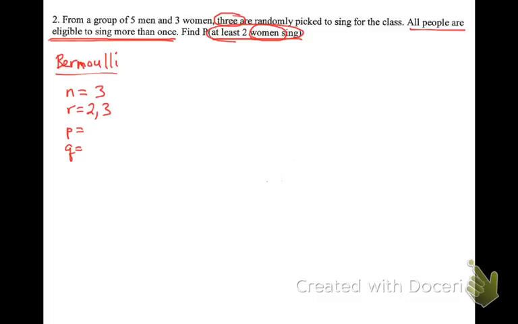So we have to look at the total numbers. We have 3 women out of a total of 8. So the probability of choosing a woman to sing is going to be 3 out of 8, which means the probability of failure is going to be 5 out of 8, the complement of 3 over 8. Remember, these P and the Q values must add up to 1.